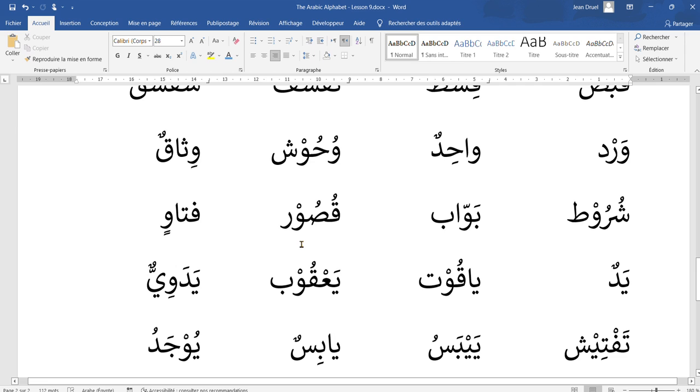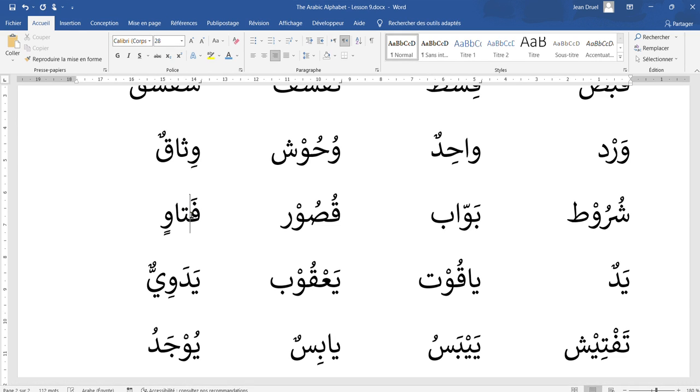Here the waw is preceded by a dhamma and it carries a sukun, so it is a long vowel, qusur. Here the waw is final, it carries a double kasra, so it is a consonant, and it goes fatawin.